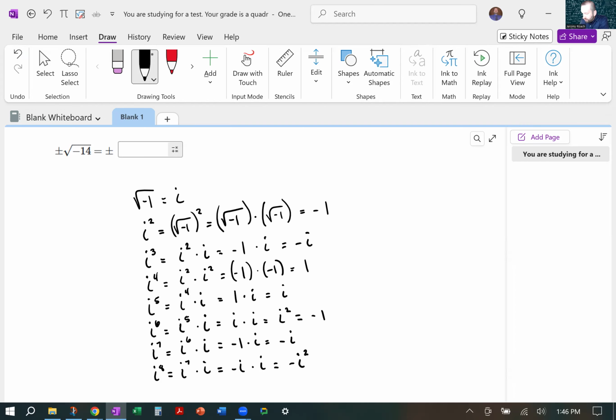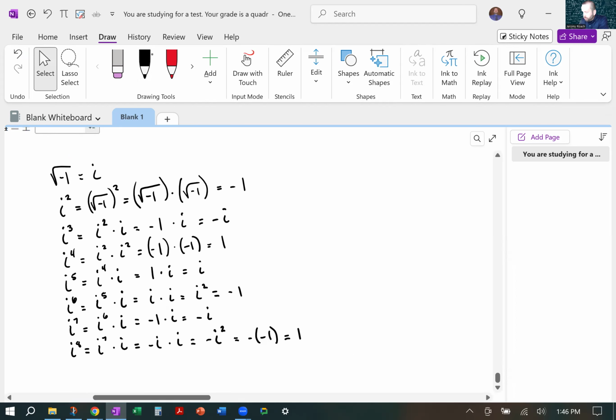I squared is -1, so that's -1, which equals 1. I'm going to write all these out in a table now so that we can see this data a little bit easier.